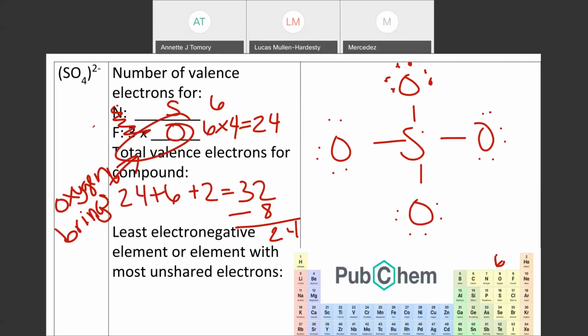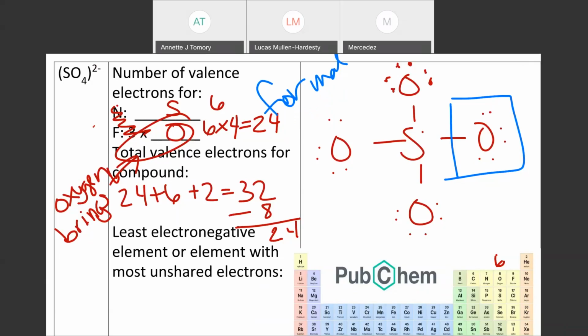Now, if I look at the oxygen structure right now, how many electrons if I take half of that bond? If I split it in half and give one to sulfur and one to oxygen, how many electrons is around oxygen right now? Yeah, 7. It has 7.